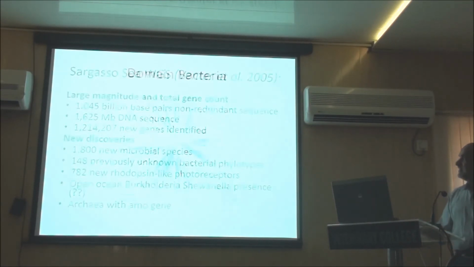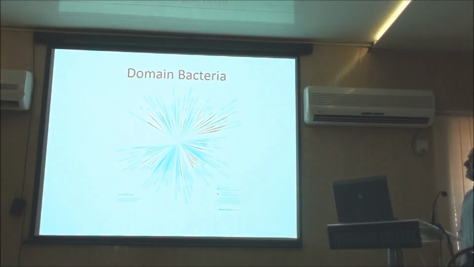This is reflected in this phylogenetic tree of domain bacteria, where the blue colored branches are the ones where at least one cultured representative is available. The red colored branches are the ones where no cultured representative is available. All the information about these lineages is coming from the metagenomic sequences.